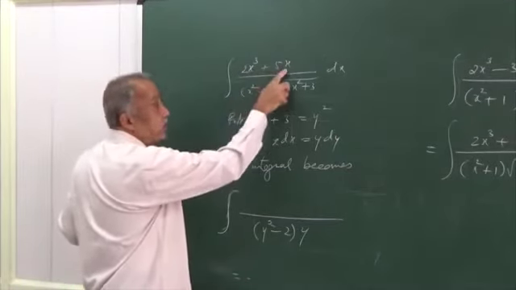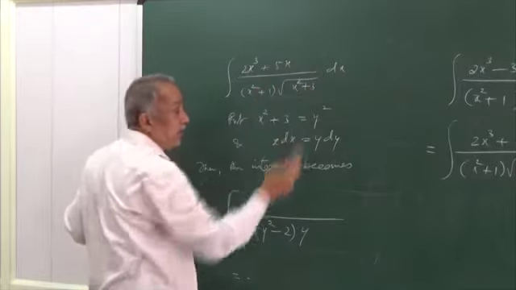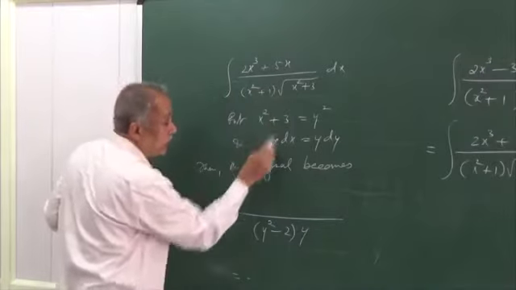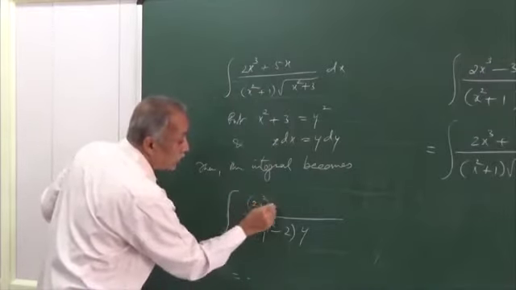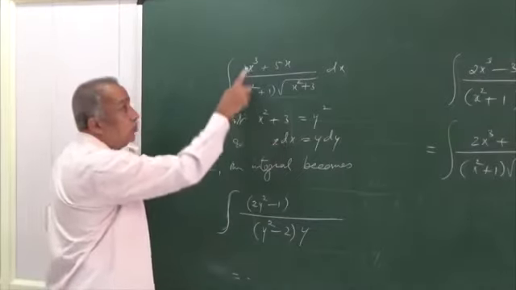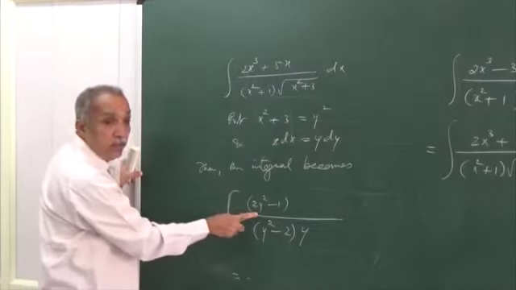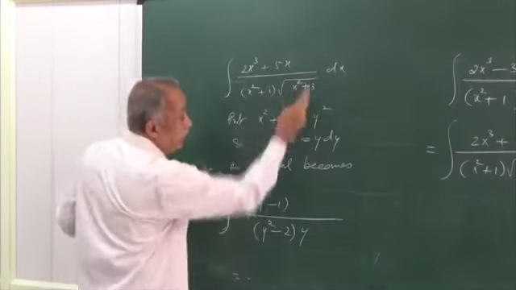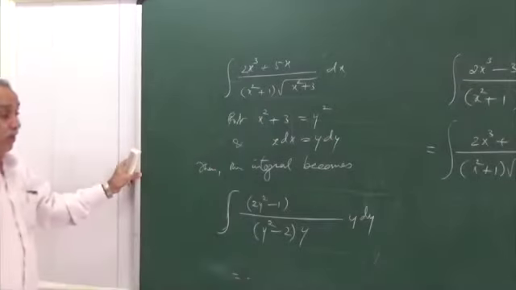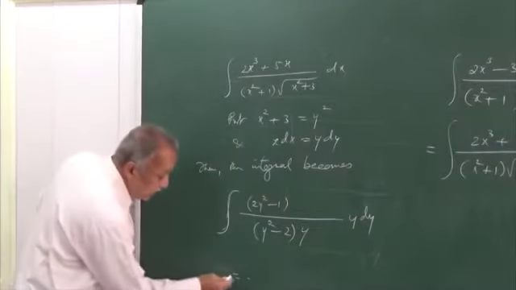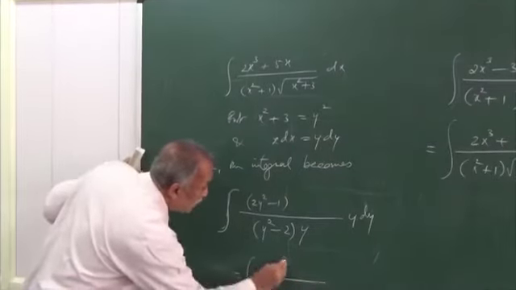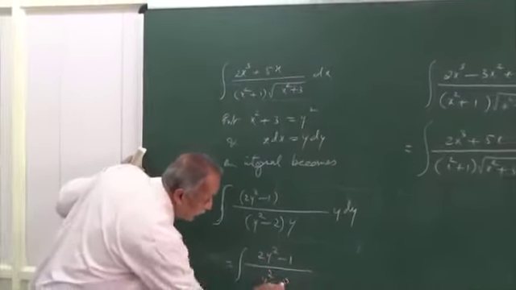Let me treat this as (2x² + 5) multiplied by x. 2x² + 5 according to this will be 2y² − 1, since 2y² is 2x² + 6. 2x² + 5 will be 1 subtracted from that, into x dx, which is nothing but y dy. On cancellation, this becomes (2y² − 1) divided by (y² − 2).